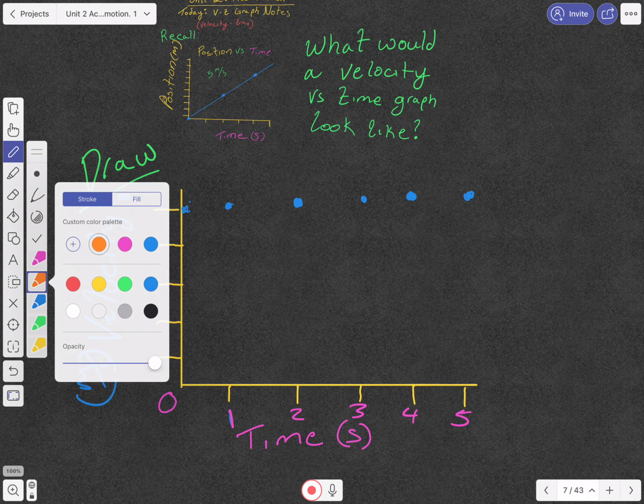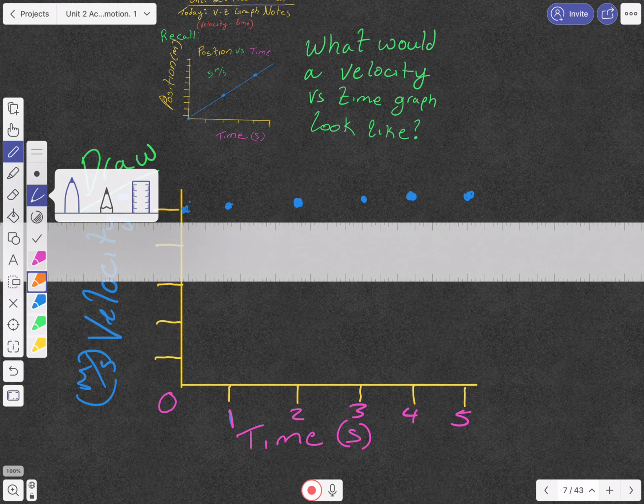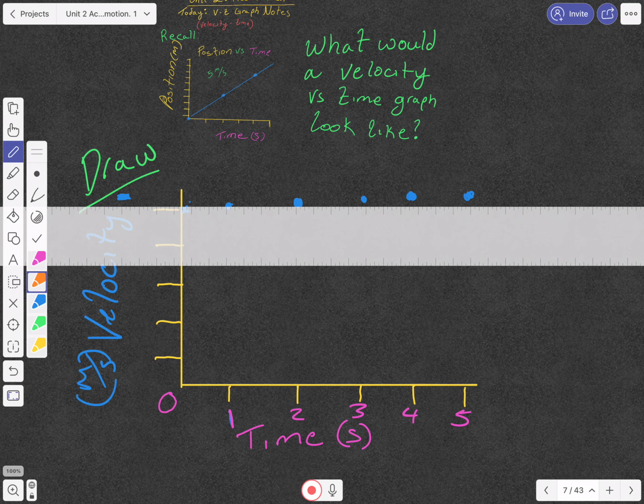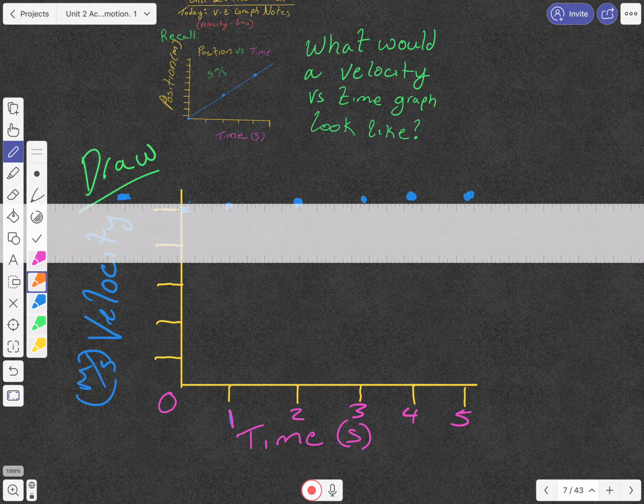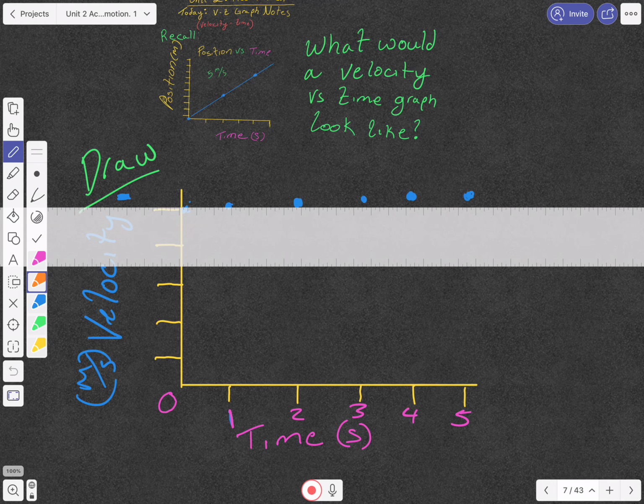So now I'm going to use a different color for this line, and we'll talk about why in just a moment. So these should roughly be in a line. Freehanding this is a little bit off.